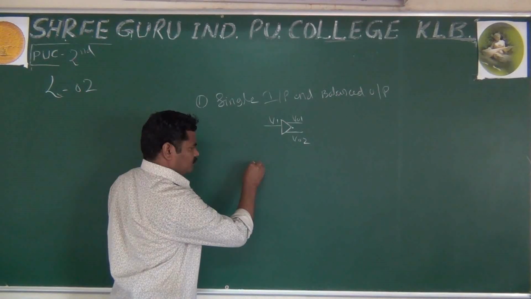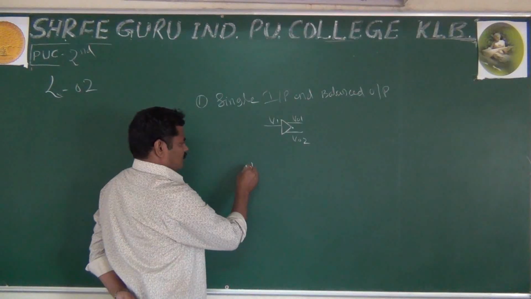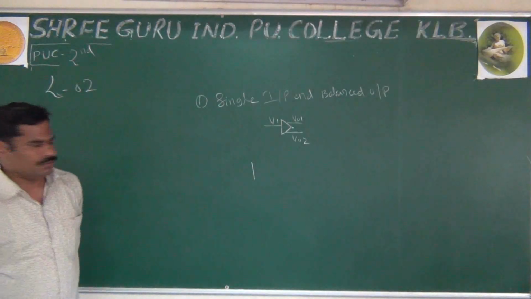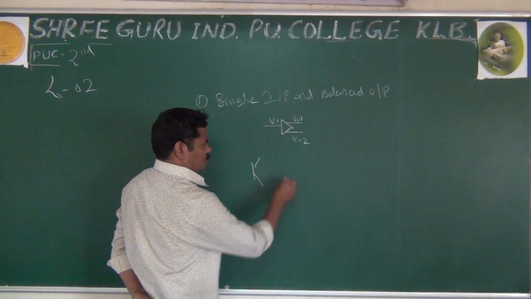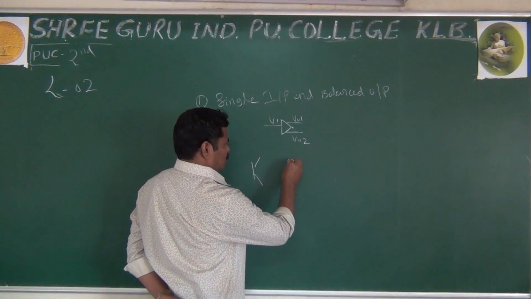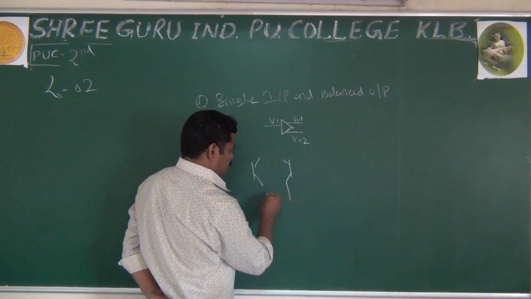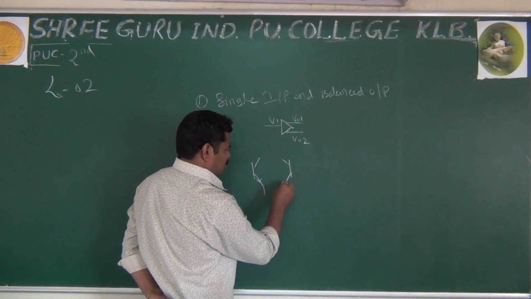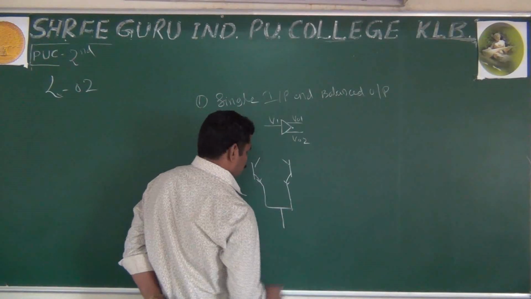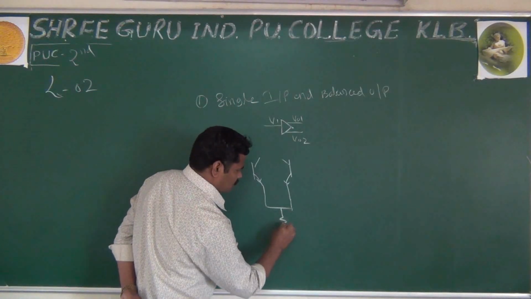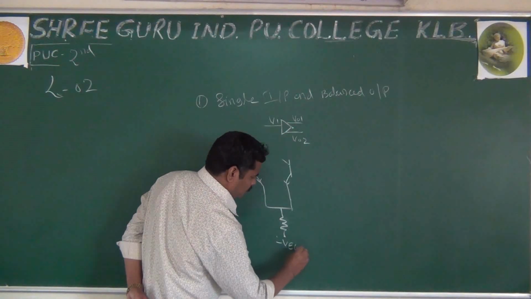Or you can draw the same diagram once again if you want. You are seeing two transistors. Their emitters are common, or you can combine both the emitters and connect a resistor here, going to minus VEE.